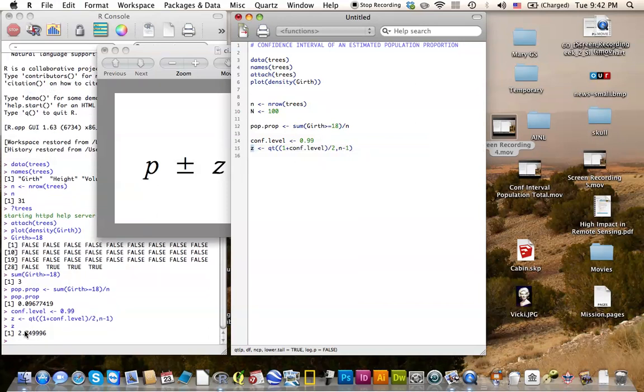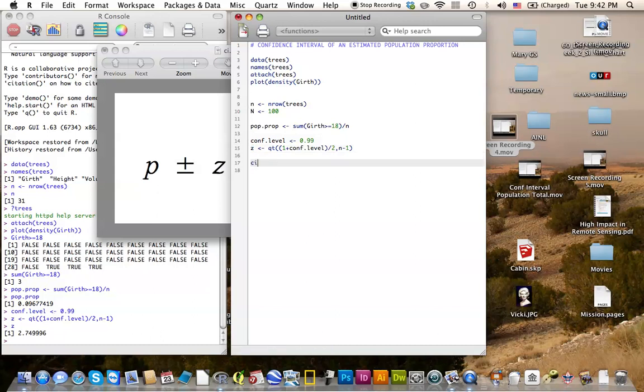So our z-score is 2.7. So our confidence interval indicates that we need to be within 2.7 standard deviations of our mean, and if we're inside that, then that's the confidence level we're looking for.